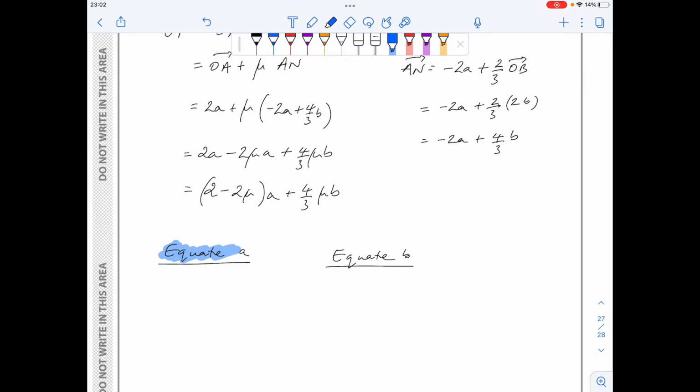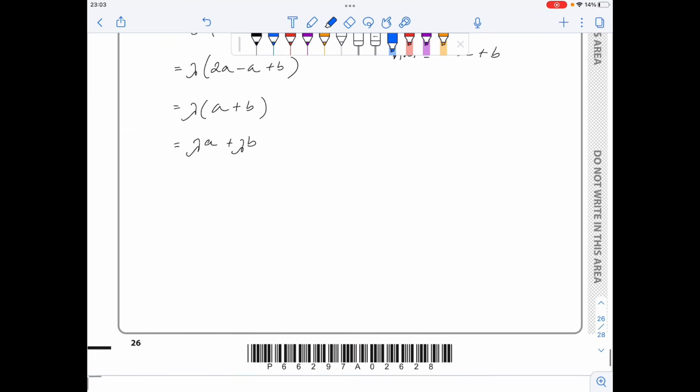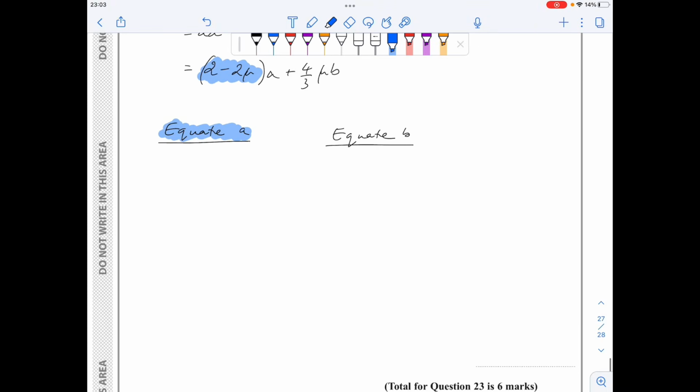The coefficients of A are 2 minus 2 nu from the second one and lambda for the first one. So I get, let's write this in blue, lambda equals 2 minus 2 nu.